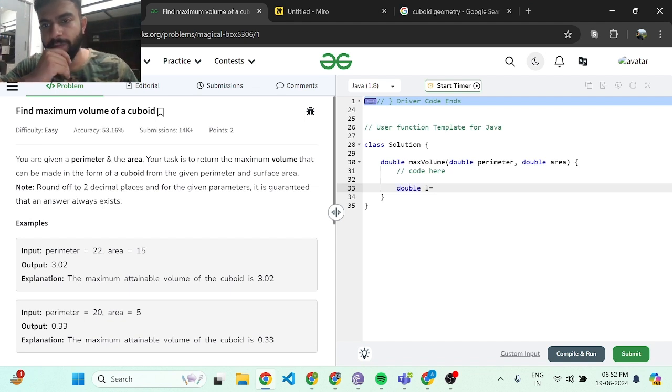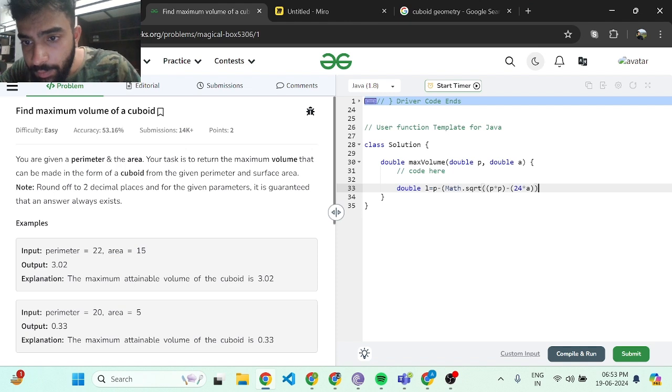Say I'm going to take just perimeter and area as P and A. So I can write double L equals P minus Math.sqrt of, first I have to take P star P, P square minus 24 star A. So we have done Math.sqrt. Now we have to do this division by 12.